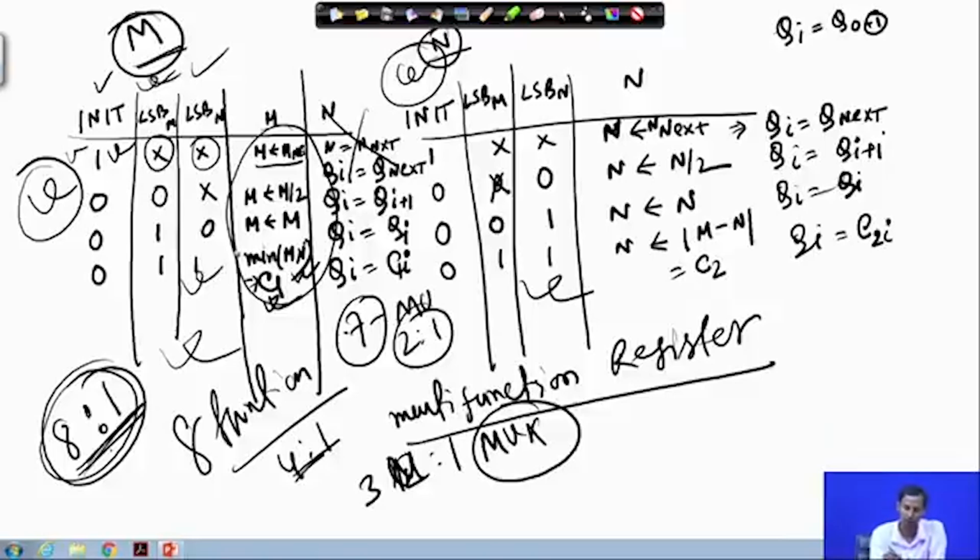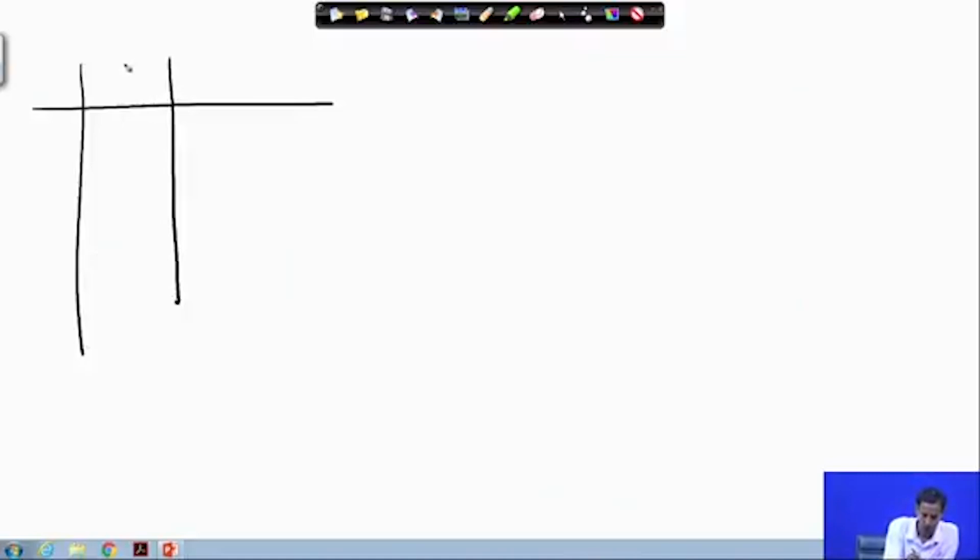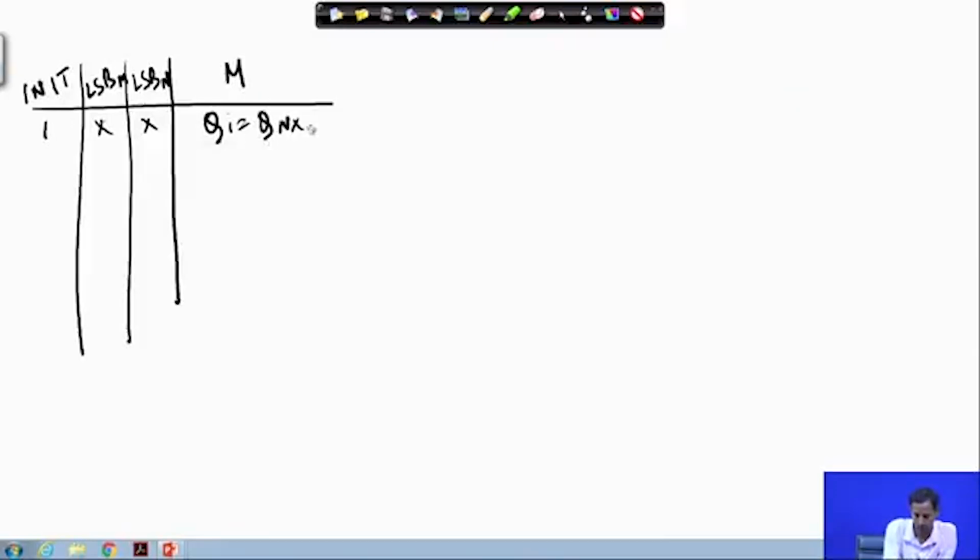So, how can I do that? Let me just draw the corresponding table. This is init, this is LSB of m, this is LSB of n, and this is m. For 1 cross cross, q I equals to q next. For 0 0 do not care, q I equals to q I plus 1.